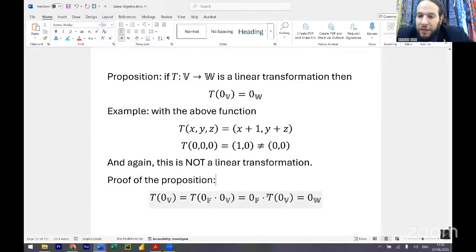So T of 0v is definitely a vector within W, and the multiplication here is within W. And so the 0 is the 0 of W. So altogether, we obtain the result that the 0 vector is always sent to the 0 vector. One is the 0 of the domain, and the other is the 0 of the range.